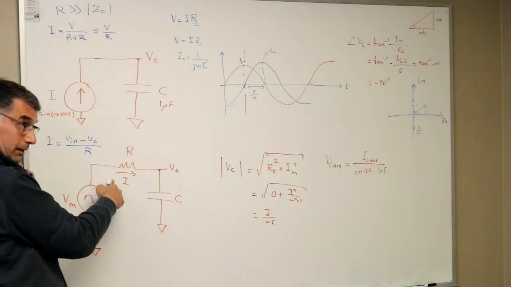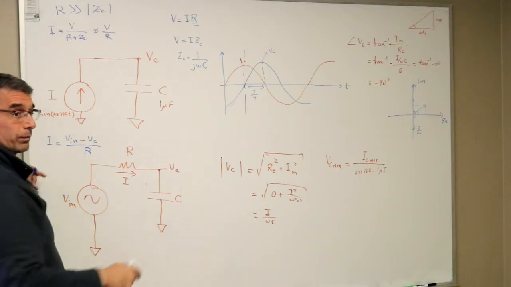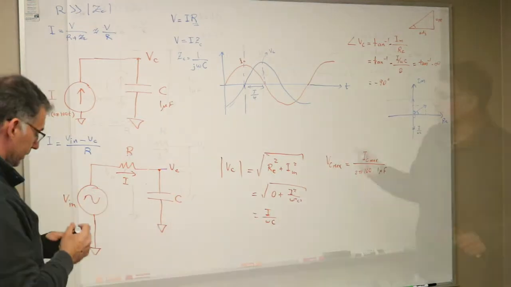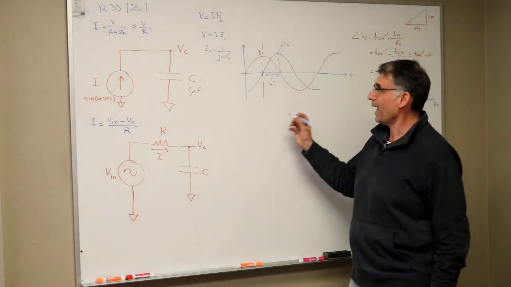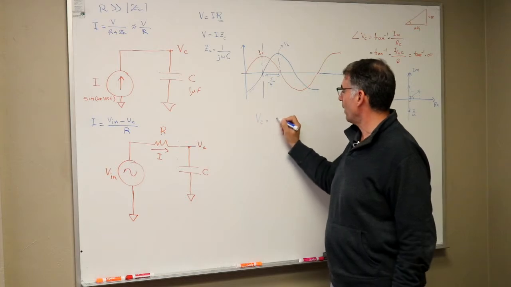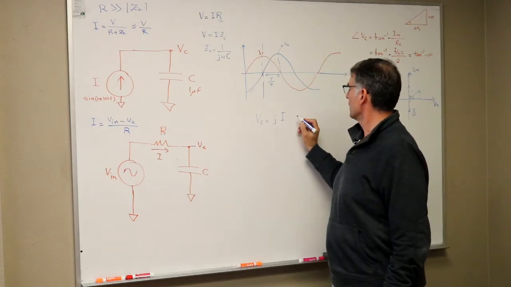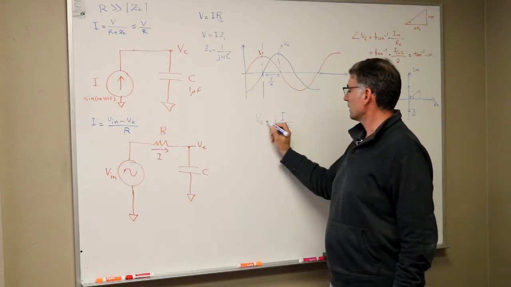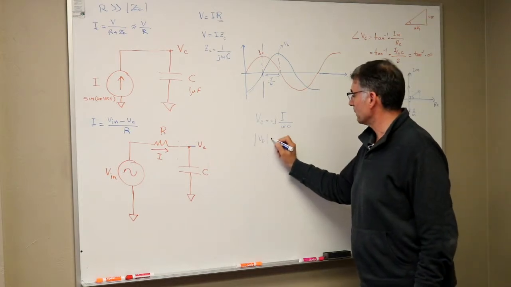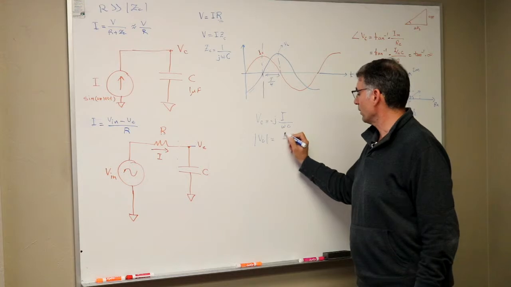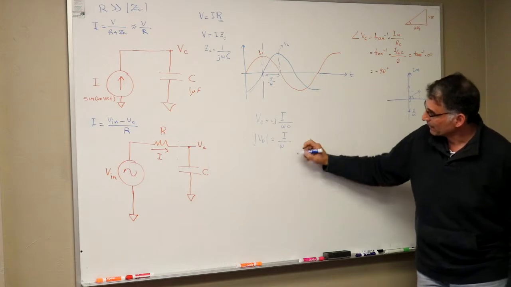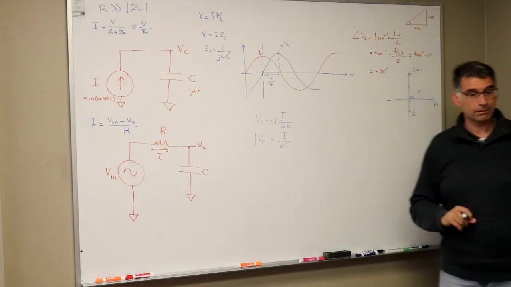Once I have that current, the task is, we want to find the capacitance, right? Let me see if you guys can figure it out. We said, what I just erased, VC is equal to negative j I over omega C, right? And the amplitude VC was equal to basically I over omega C. I want to find the value C. How would I do that?